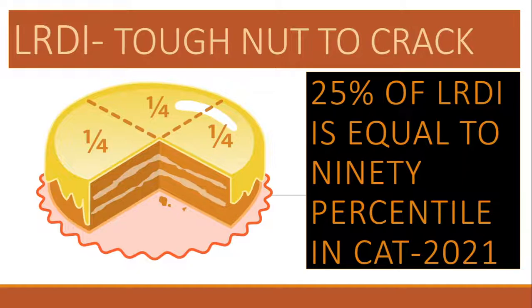This information is very important because this will help you not get discouraged while preparing for LRDI. You should always keep in mind that all of us are not going to solve all the questions from LRDI.